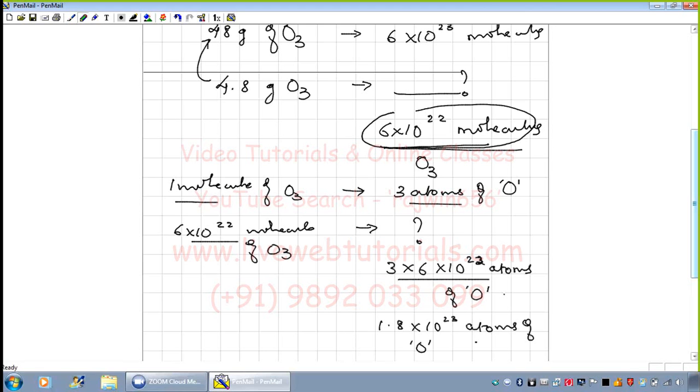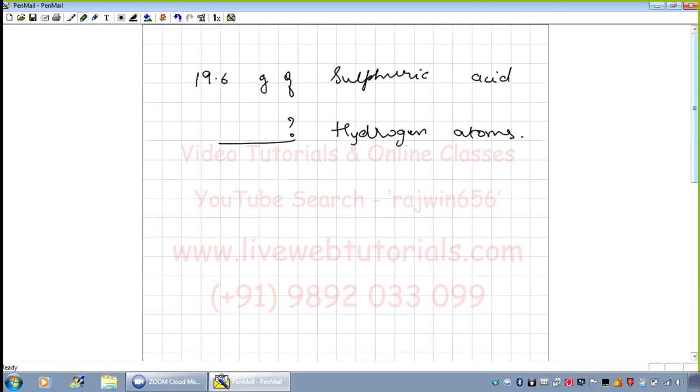Okay, I'll just give you a few examples. You just try to work them out on your own. How many hydrogen atoms are present in 19.6 grams of sulfuric acid? Correct, RMM is 98. So in 98 grams of sulfuric acid, there will be 6 into 10 raised to 23 molecules of H2SO4.